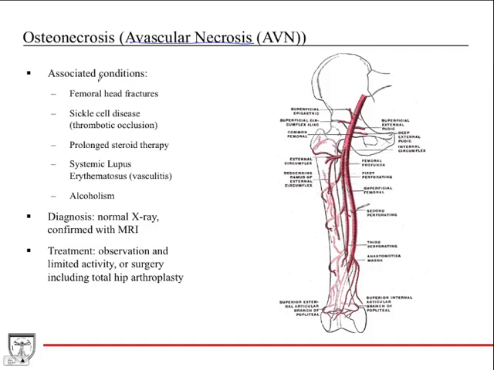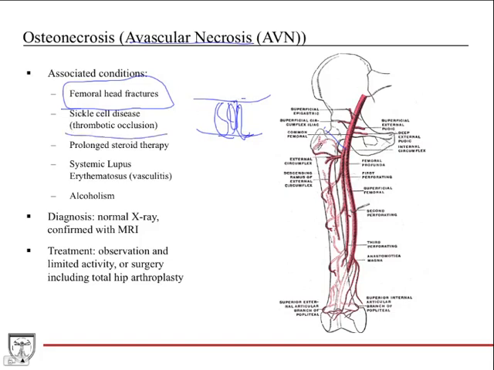So these associated conditions: femoral head fractures, so that's obvious, you're cutting off the blood supply. Sickle cell disease, and this is really due to these sickled blood cells, and they can get all jammed up, just like anywhere else in the body where they would cause an occlusion or a thrombosis in a blood vessel or in an artery. Same thing here, it leads to thrombotic occlusion.